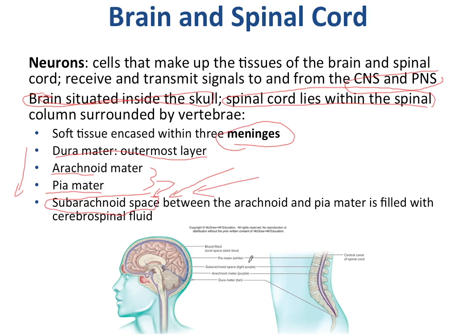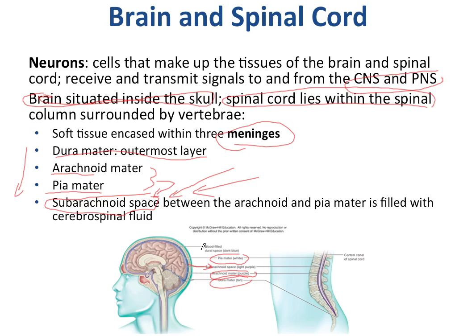As we can see in this image, the outermost is the dura matter, and then we have the arachnoid matter. The third is the pia matter. This is the subarachnoid space.